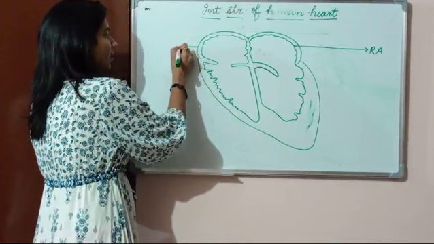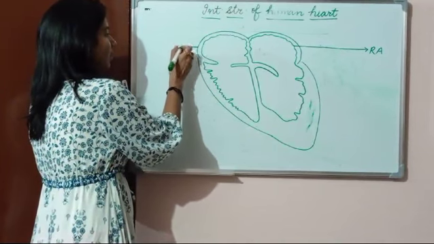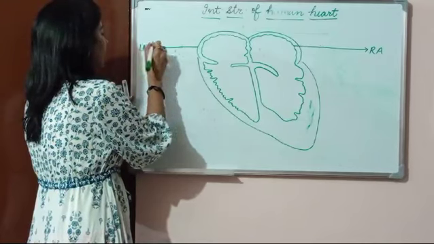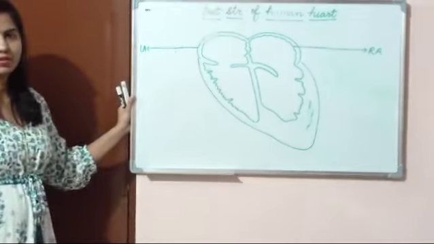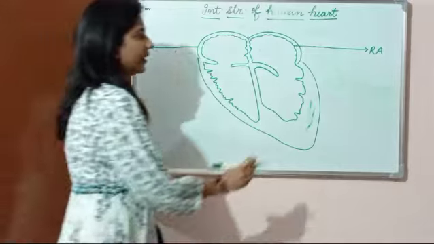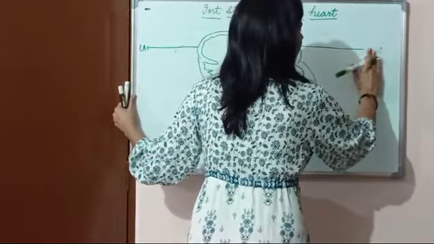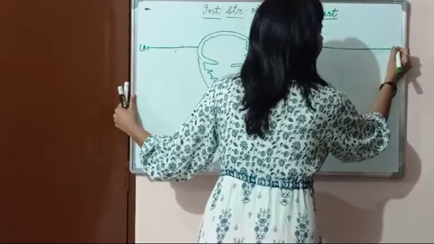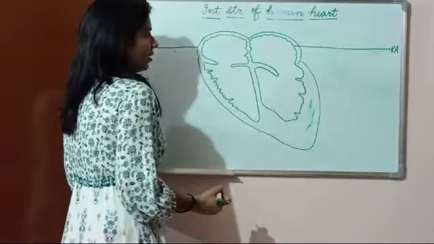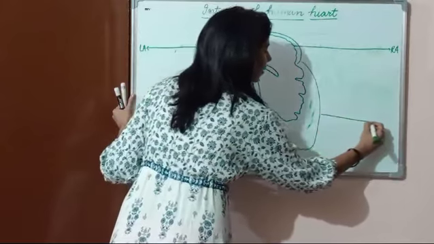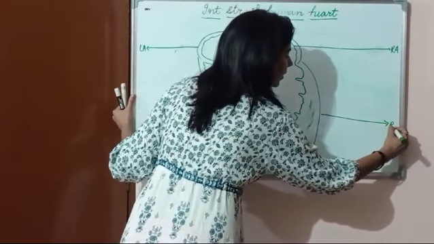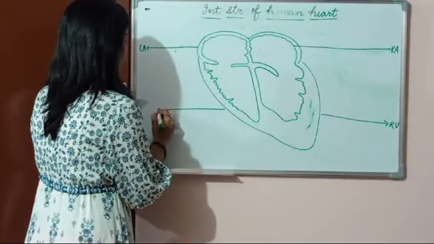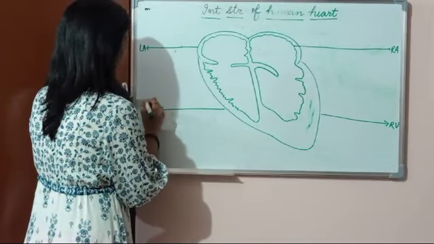This is the left atrium, and I am using abbreviations so that I get the maximum space. You can write it like this, right atrium. Now this is the right ventricle, and this is the left ventricle.